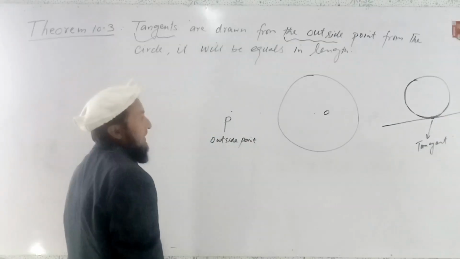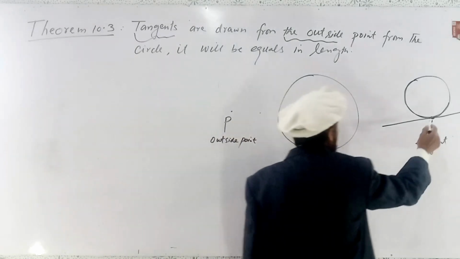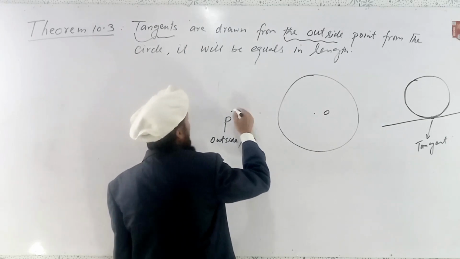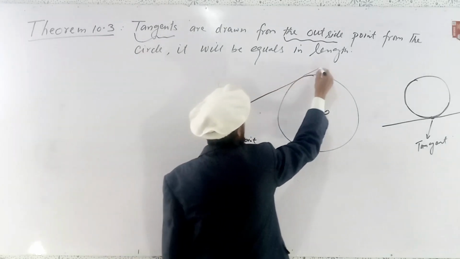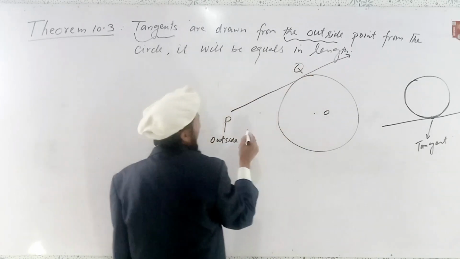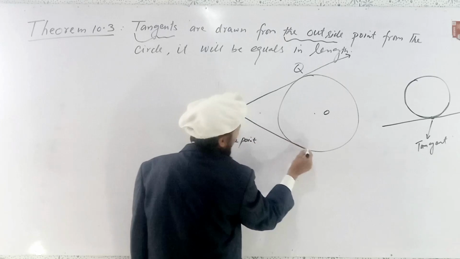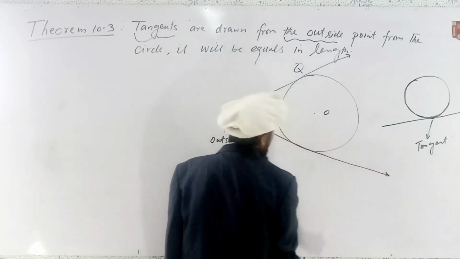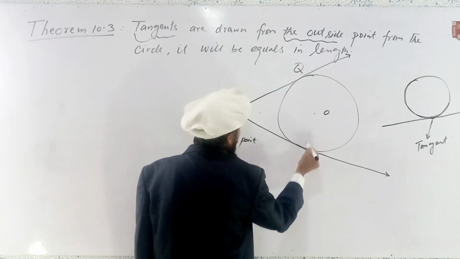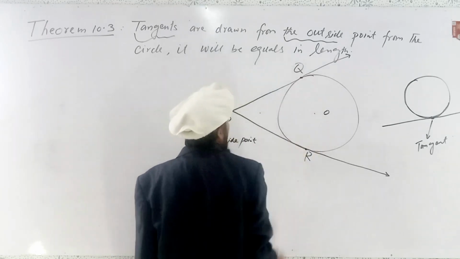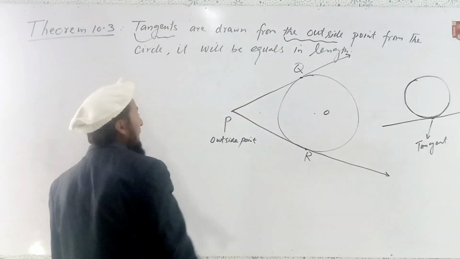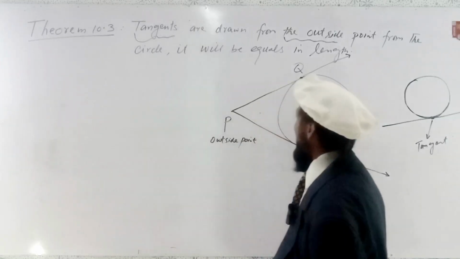Now tangents means the points of contact where the line touches the circle. So this is PQ, and similarly we draw another, PR. So this point and this point, Q and R, are the points of contact, and P is the outside point from the circle.